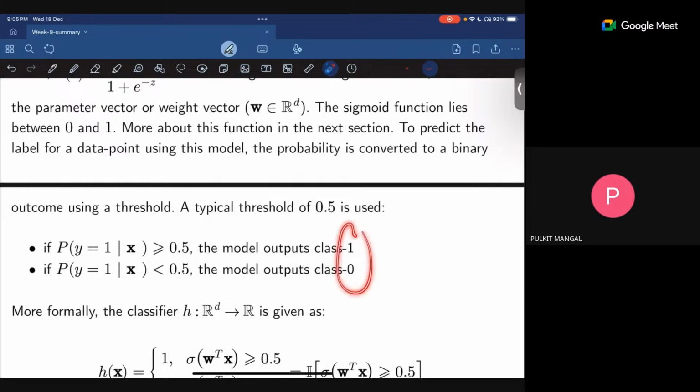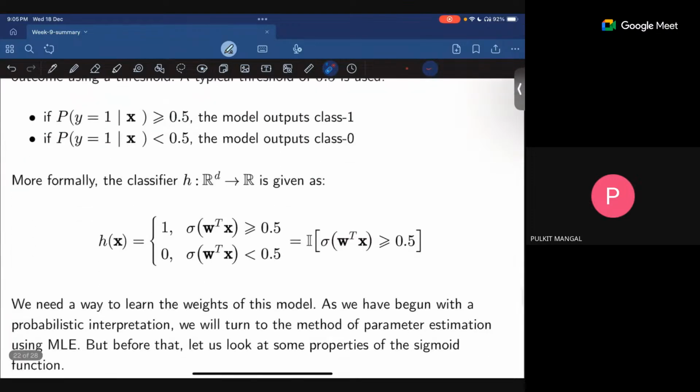One thing to note here is that we are taking the labels as 1 and 0. More formally, if the sigmoid function value for W transpose X is greater than or equal to 0.5, then it would be 1, else it would be 0. This 0.5 is by default or by convention; it can be any other value also. It depends upon the case for which we try to find.